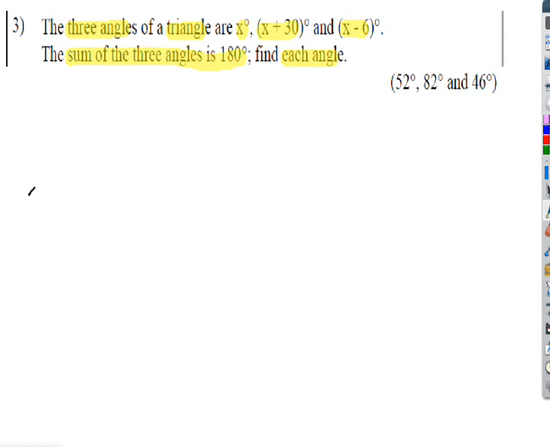So again, making a quick sketch of our triangle, say something like this. If this is angle x given in the question, then this could be x plus 30 over here, and this would be here x minus 6. So knowing that the three internal angles add up to 180 degrees, we can now generate a simple equation in terms of x.